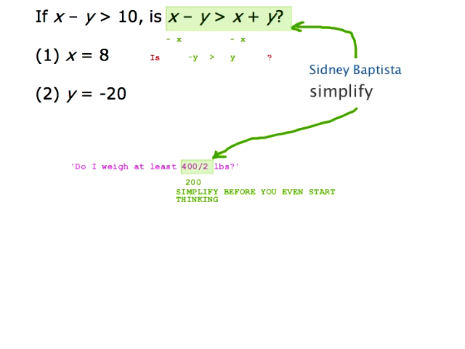And then we can move y over to the other side. We can add y to both sides. So that winds up being: is 0 greater than 2y? And of course, you can divide that in half. So is 0 greater than y? We're not used to seeing the variable on the right and the number on the left, so we can just rewrite it like that.